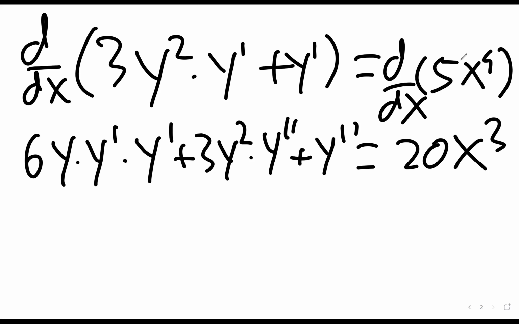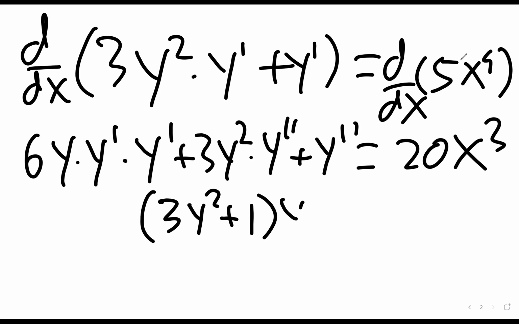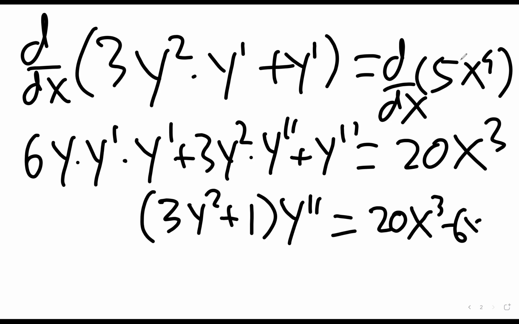If I simplify this, I have 3y squared plus 1 multiplied by y double prime. On the other hand, the right hand side becomes 20x cubed minus 6y multiplied by y prime to the power 2.